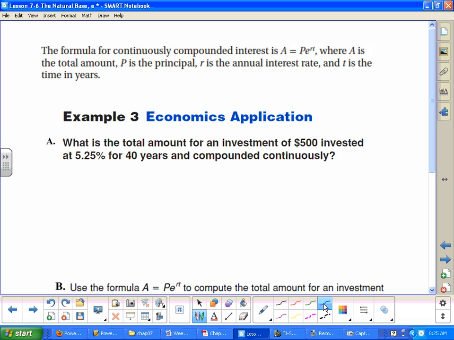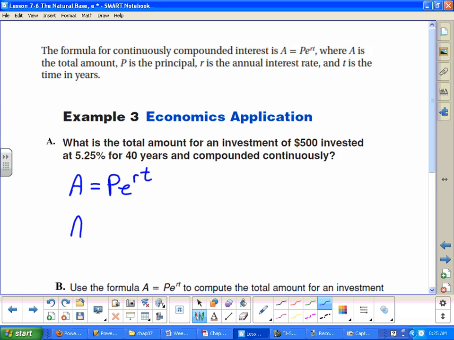So it says, what is the total amount for an investment of $500 invested at 5.25% for 40 years and compounded continuously? So we'll use our PERT formula, where P is our principal amount, E is our growth constant, 5.25% is going to be our value of r, except we're going to change it to a decimal, and t is 40 years.